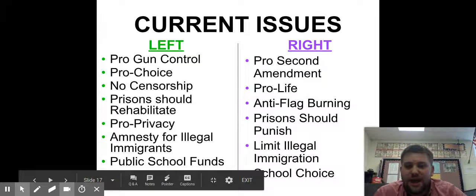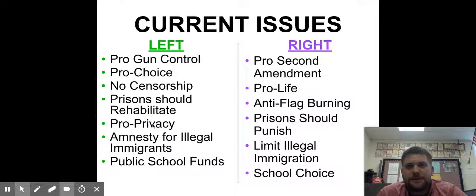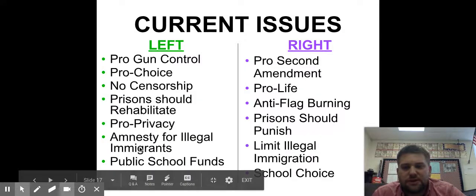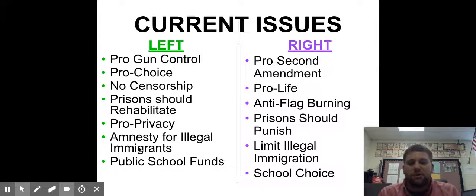They're pro-privacy. They don't want the government using technology to read emails or listen in on phone calls, those sorts of things. They believe that illegal immigrants should get amnesty. In other words, that they should be able to stay here and not be deported if they're already here. And they are huge supporters of public schools and want to see more funding to public schools.